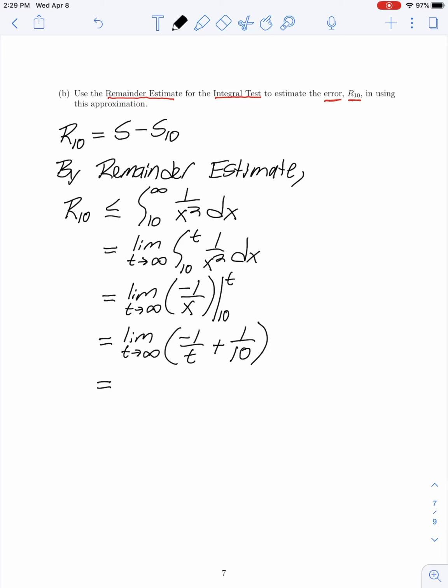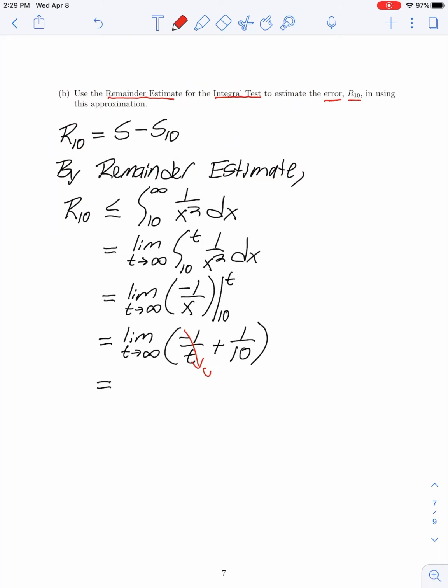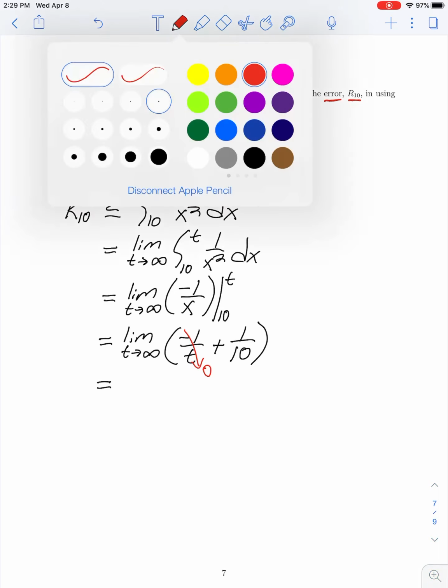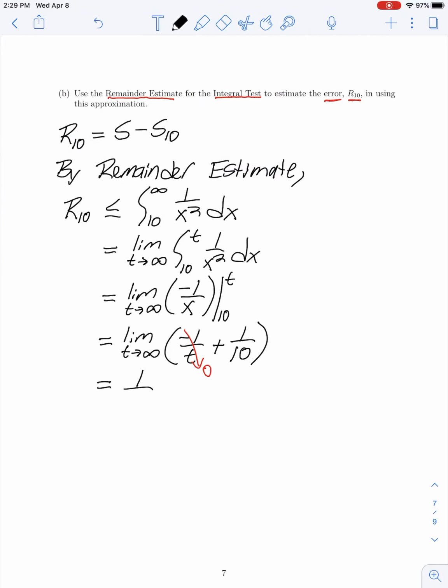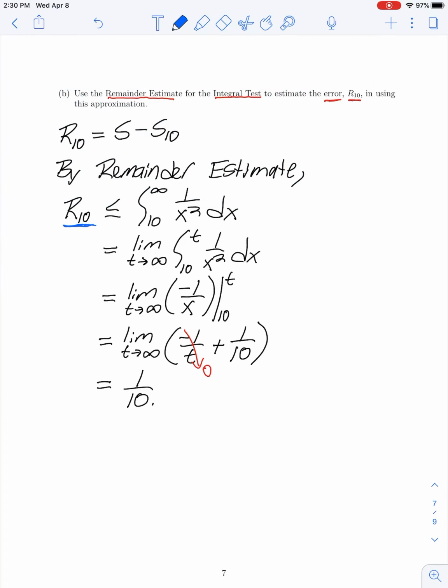As t approaches infinity, this first term, 1 over t, will approach 0, and we're left with the limit of a constant 1/10, which would be 1/10. So this remainder estimate has told us that the error in our 10th partial sum approximation, that is the approximation that we were using in part A, is less than or equal to 1/10, or 0.1.